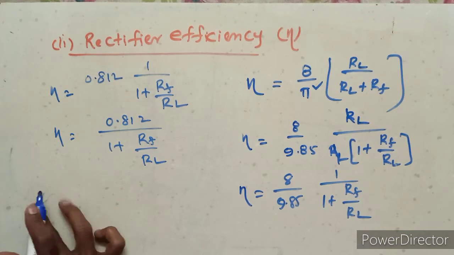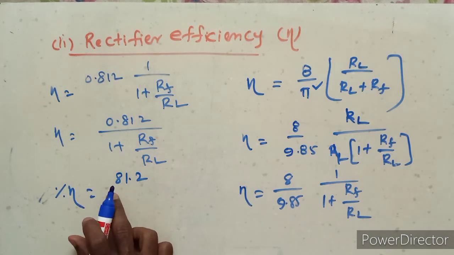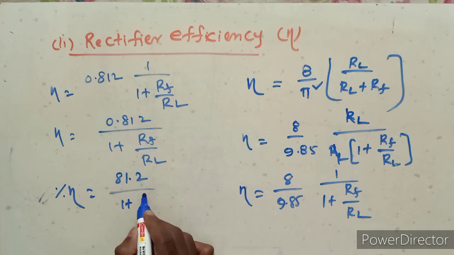So the percentage of eta equals 81.2 upon (1 plus RF upon RL).